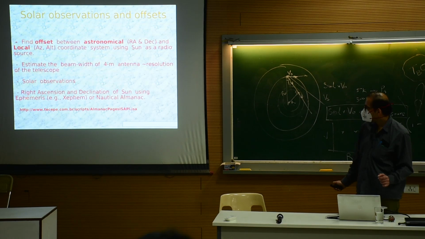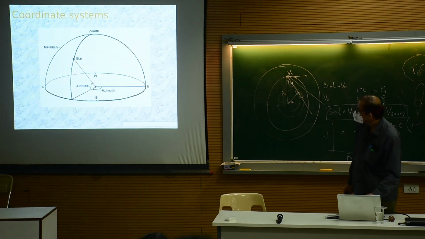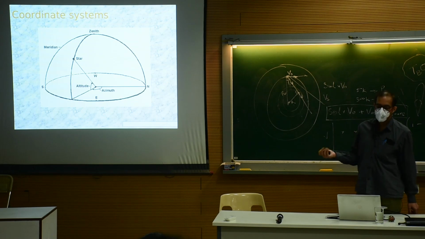That is the offset. You will also need an ephemeris, whether Stellarium or an ephemeris table or nautical almanac, to find the expected value of the azimuth and altitude of the Sun given our latitude and longitude. You may also want to read a bit to understand how to compute between RA, Dec, azimuth, altitude, and so on.